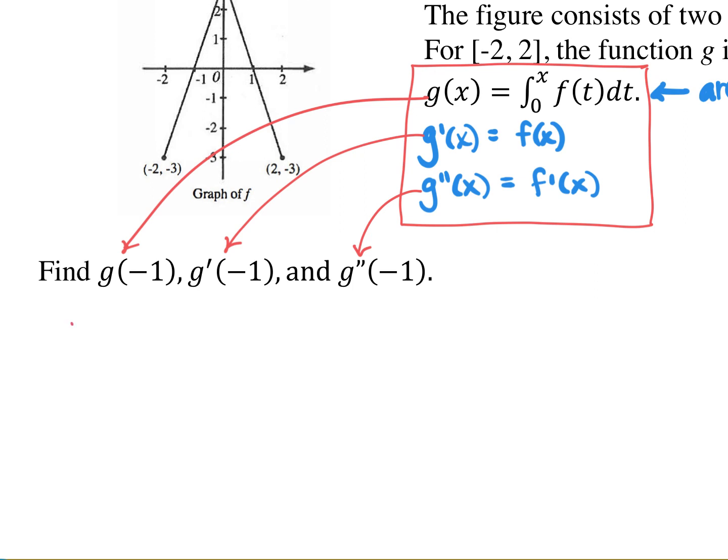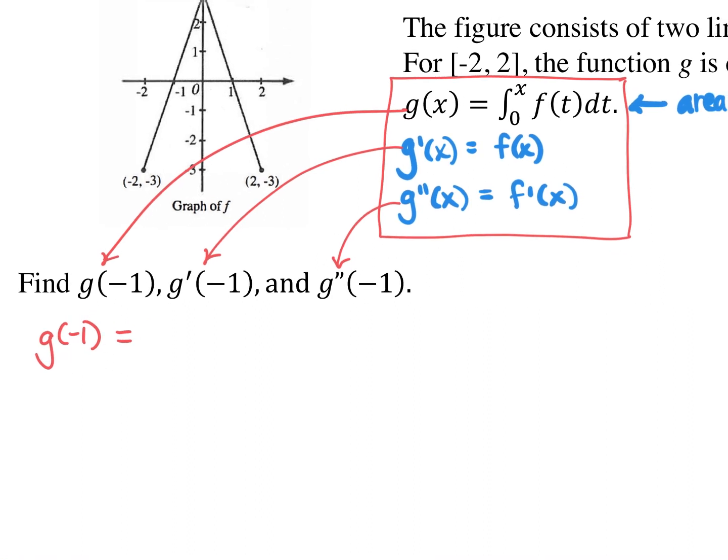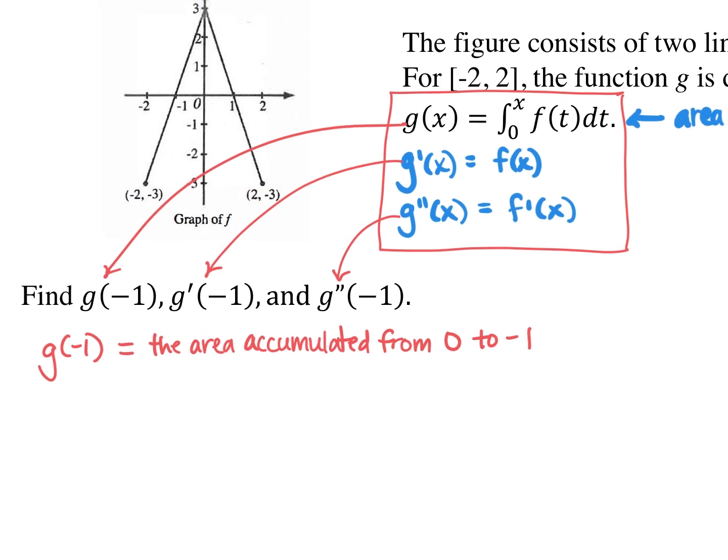So g of -1. If I look back at my box, g of -1 means the area accumulated from 0, the starting point can't change, but ending where? From 0 to -1. What direction is that? That's backwards.